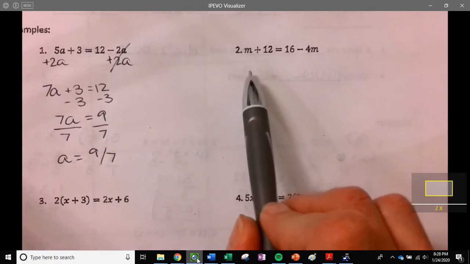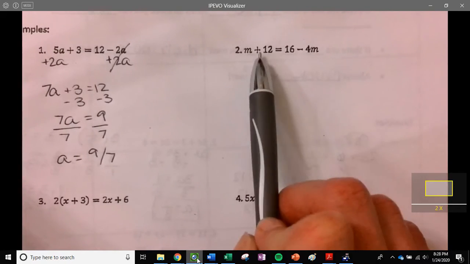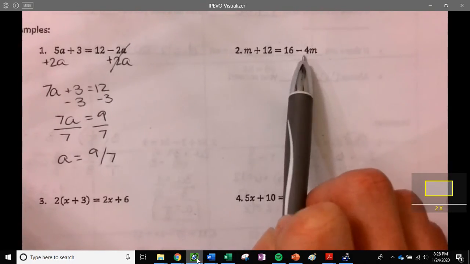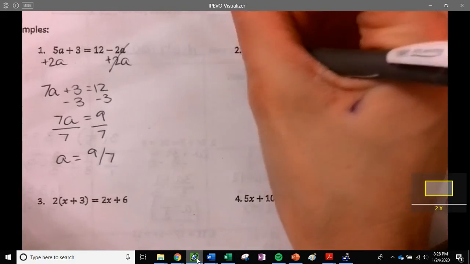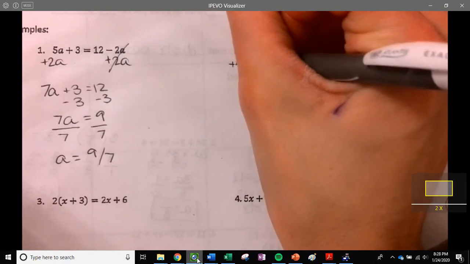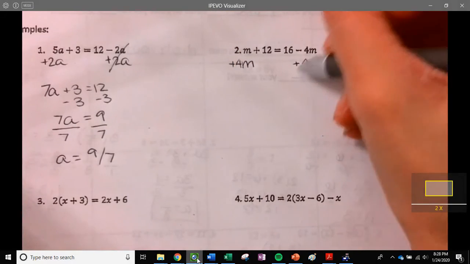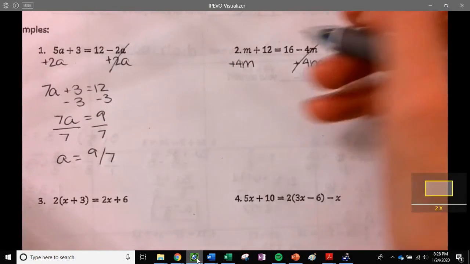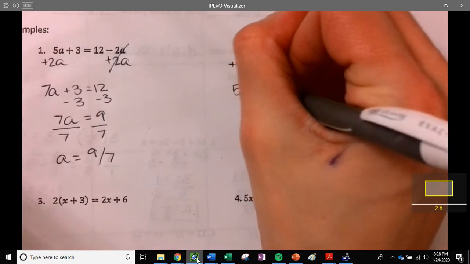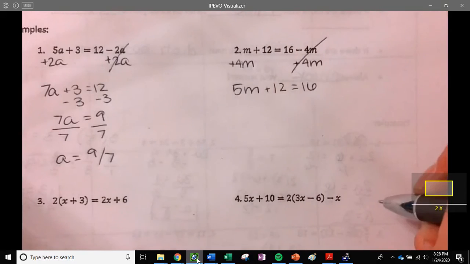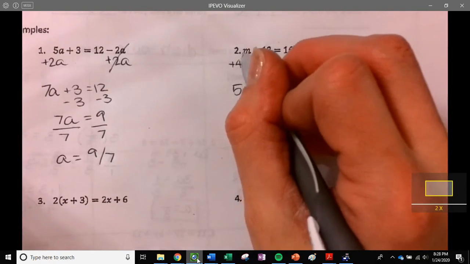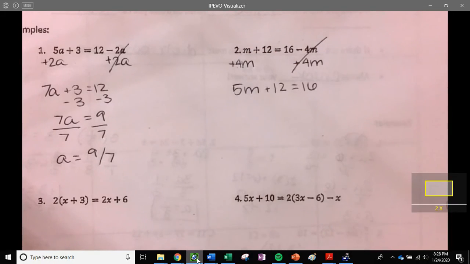Okay, let's try this one. M plus 12 equals 16 minus 4m. Let's move our variables over to the left by adding 4m to each side. That means these are going to cancel out. And now I'm left with 5m plus 12 equals 16, because I added 4m to my 1m.